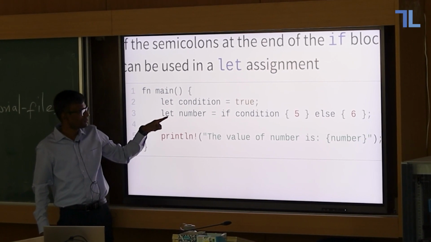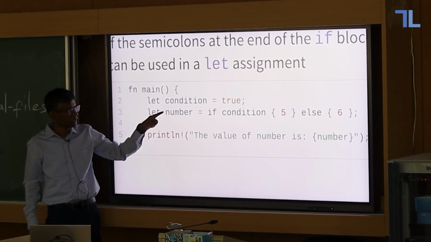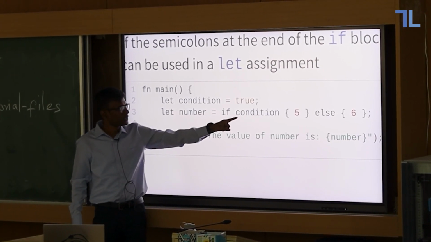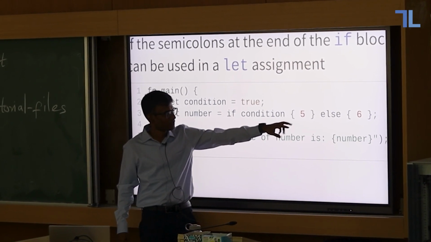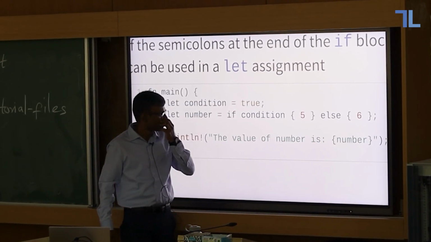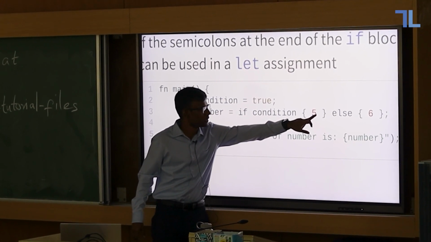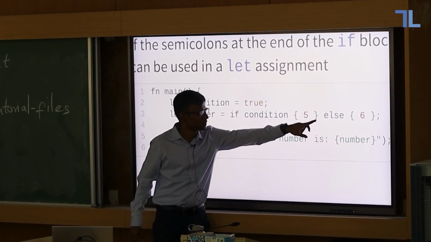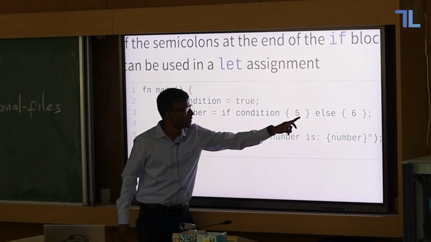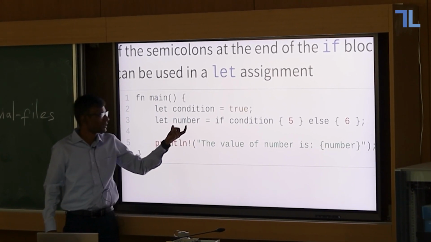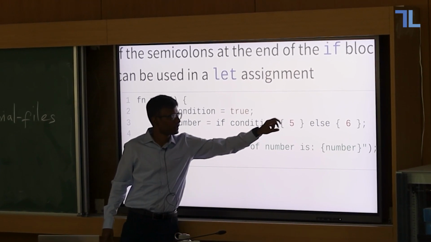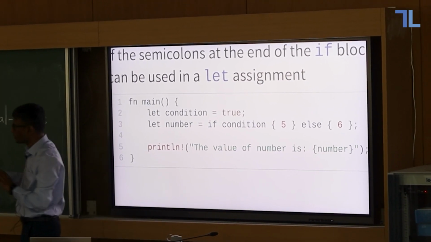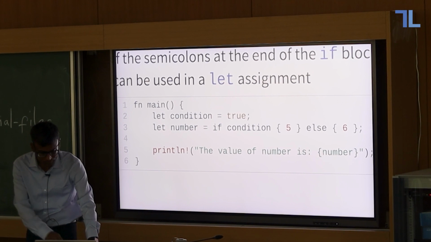So this let statement is saying that I'm assigning a variable number, but the value of that number is, if the condition is true, set the value to 5, otherwise set it to 6. Note that there is no semicolon at the end of this 5. If I put a semicolon here, then the type of number will not be integer, it will be the unit type, because an expression that ends with a semicolon evaluates to the unit type.